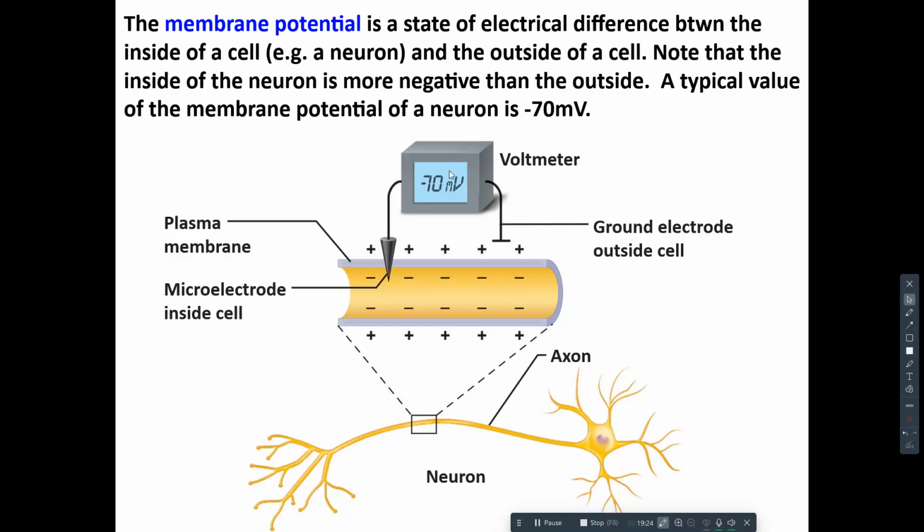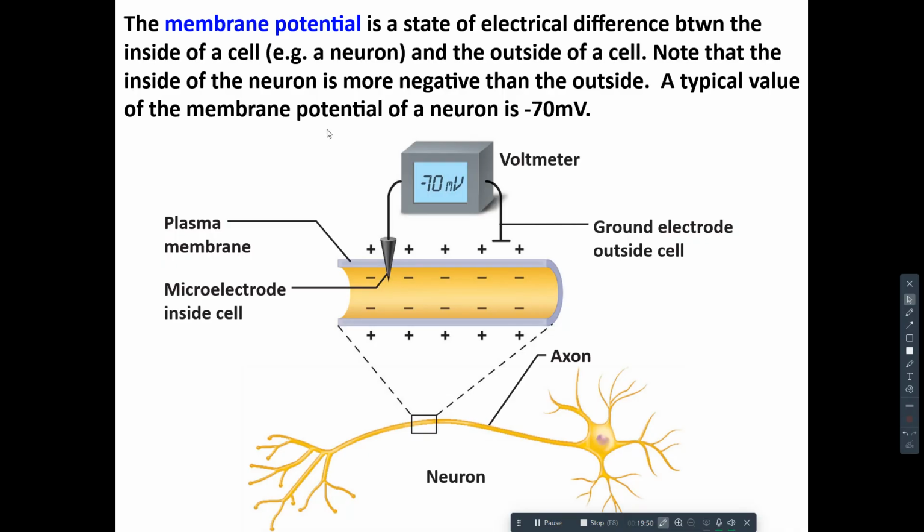We're using a device called a voltmeter, and we can see the inside of the cell is more negative than the outside. So about a difference of 70 millivolts. The inside is at negative 70 millivolts compared to the outside. And this electrical difference is known as a membrane potential.